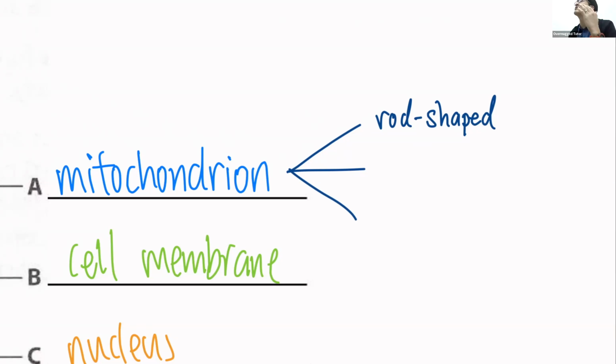What else do we use to describe the appearance of mitochondria? Thank you. Manifolds. But where are the manifolds? Inside. So my second descriptor is... Yes, thank you.